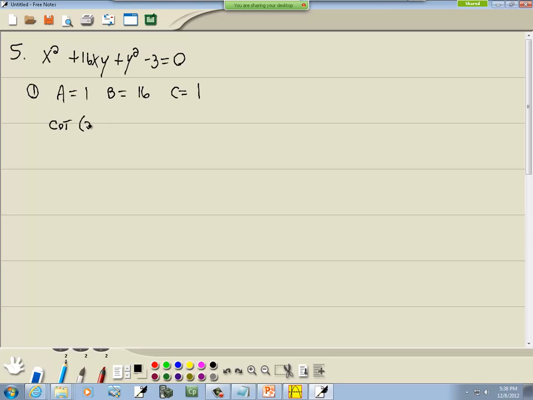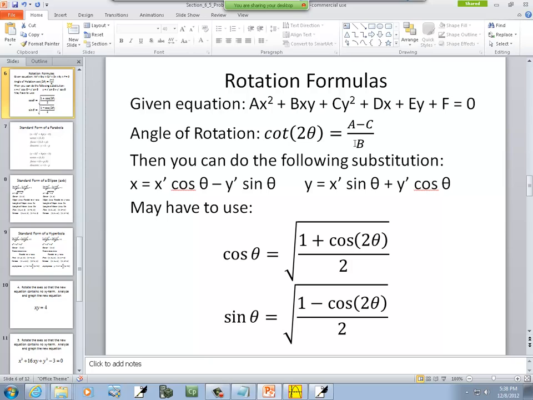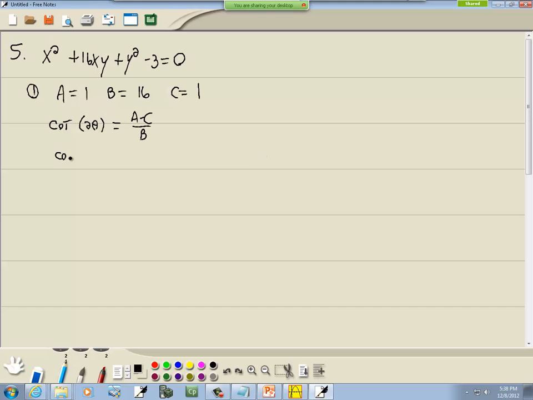So we've got cotangent 2 theta is equal to A minus C over B, our formula right here. Whenever A and C are the same, it makes it pretty simple. It's always a 45-degree rotation. We got A minus C, so 1 minus 1 over B, which is 16. Well, 1 minus 1 is 0. 0 divided by 16 is 0.